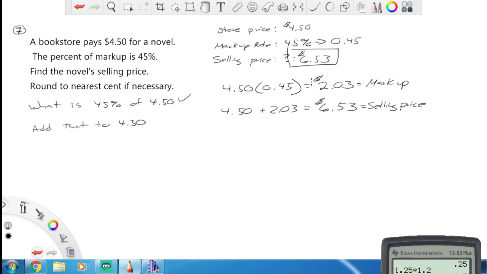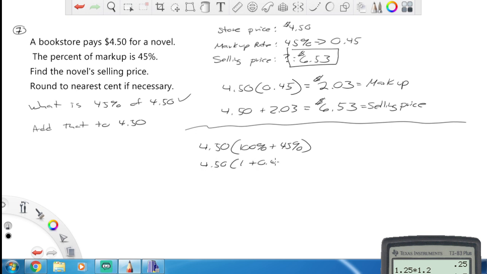Or you can do what Eli just suggested. Instead of doing it in 2 steps, you can do it all in 1 step. In that case, you're going to take the 450 and multiply that by this percentage plus 100 more percent. So 100% plus 45%, which again you can't do with the percentages. So we're just going to do 1 plus 0.45. Turn them both into decimals. 100% as a decimal is 1. 45% is 0.45.